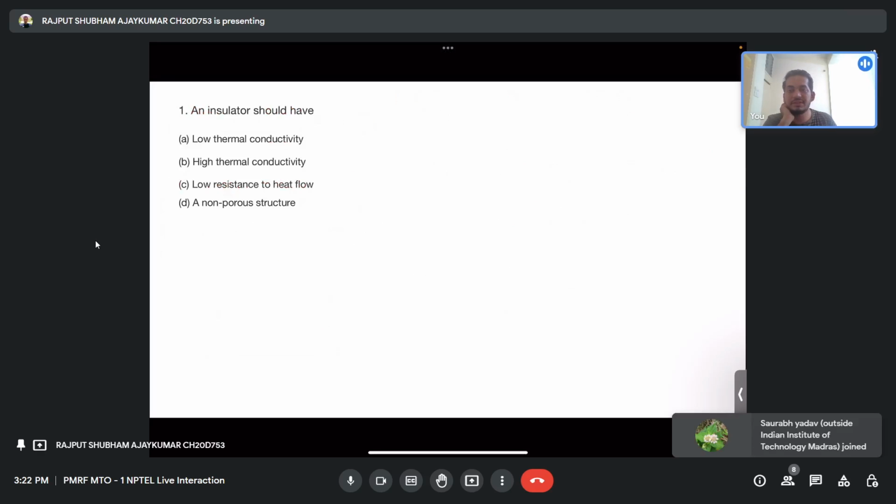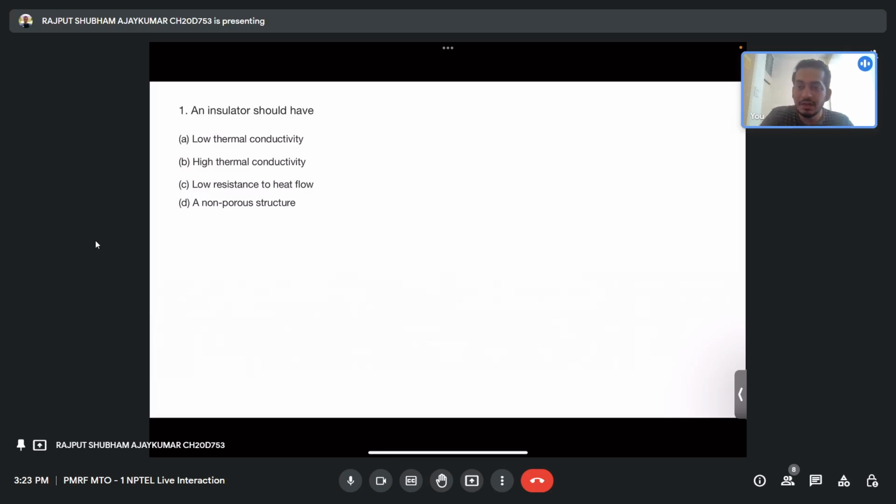The first one is: an insulator should have. Today I have not used any numericals because many more will come in the later live interactive sessions. We will be solving many things using MATLAB and Excel. I will show you how to use these tricks to get solutions easily without writing them out by hand.